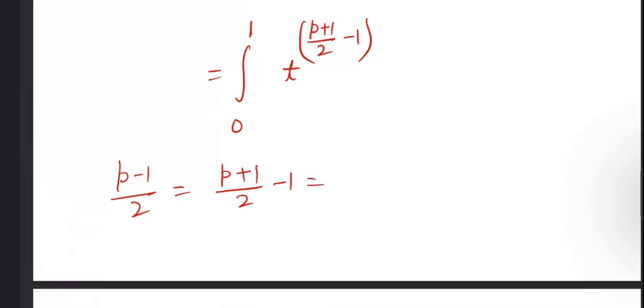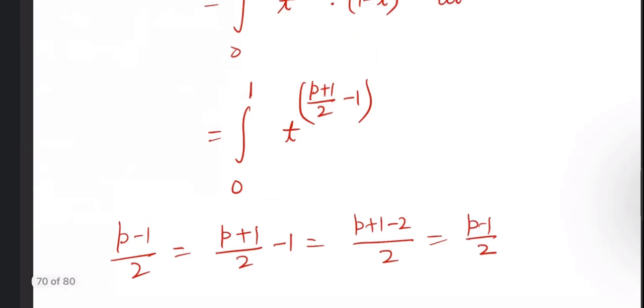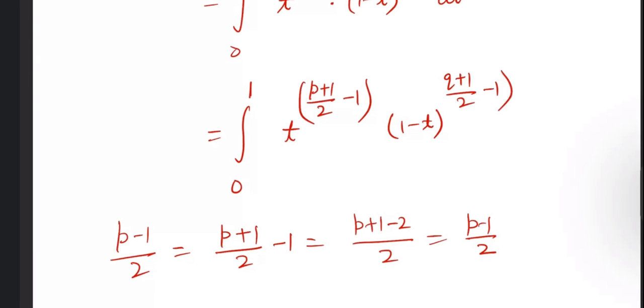Just simplify it, 2 as LCM, p plus 1 minus 2, that means (p minus 1) divided by 2. Similarly, (q minus 1) by 2 is also written as (q plus 1) divided by 2 minus 1.